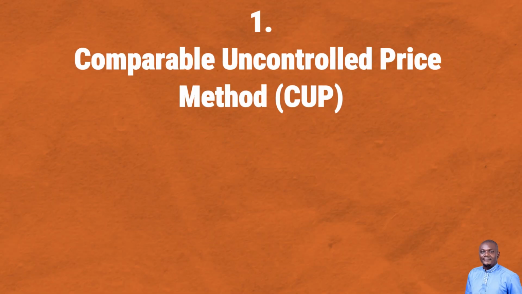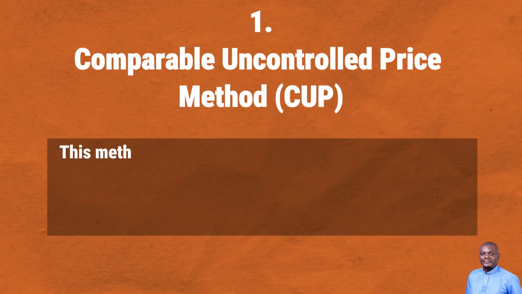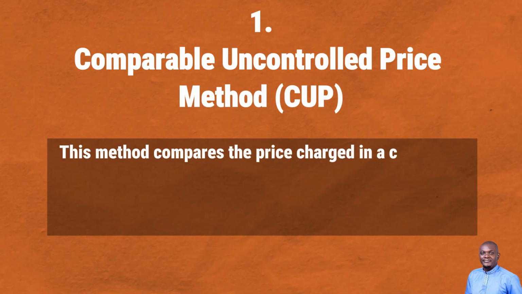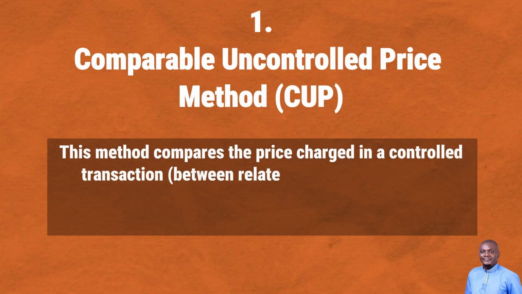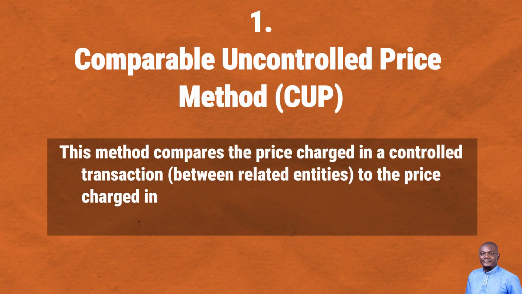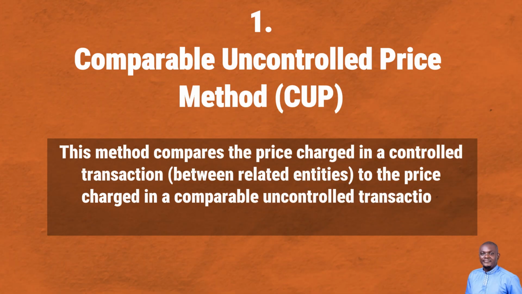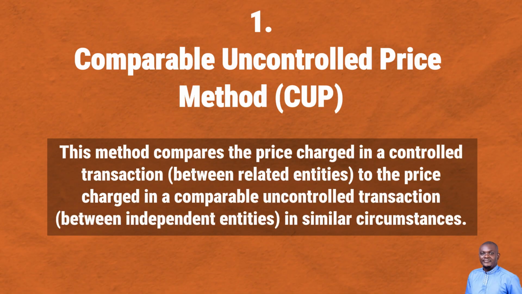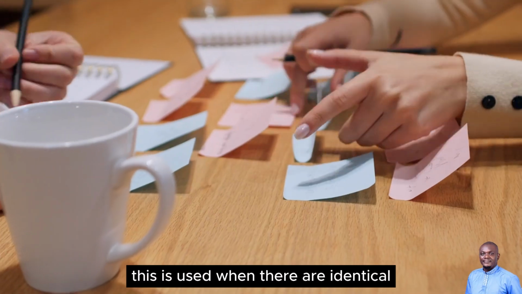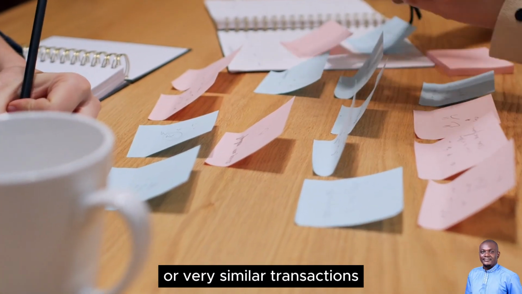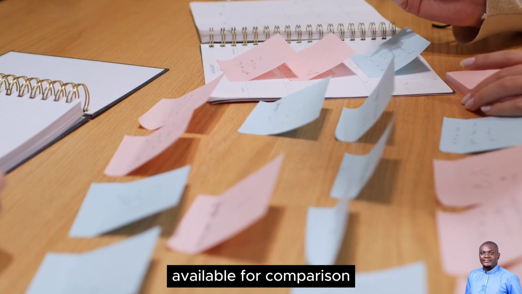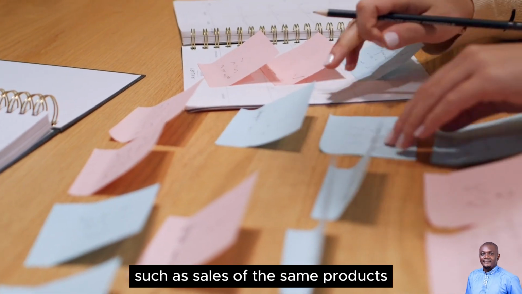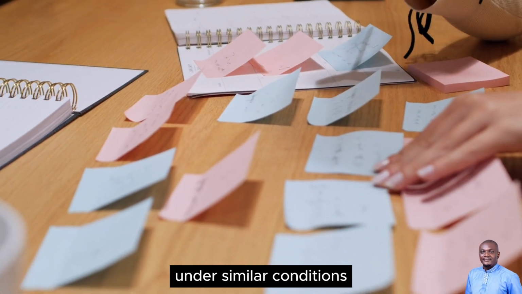Comparable uncontrolled price method. This method compares the price charged in a controlled transaction between related entities to the price charged in a comparable uncontrolled transaction between independent entities in similar circumstances. Application. This is used when there are identical or very similar transactions available for comparison, such as sales of the same product under similar conditions.